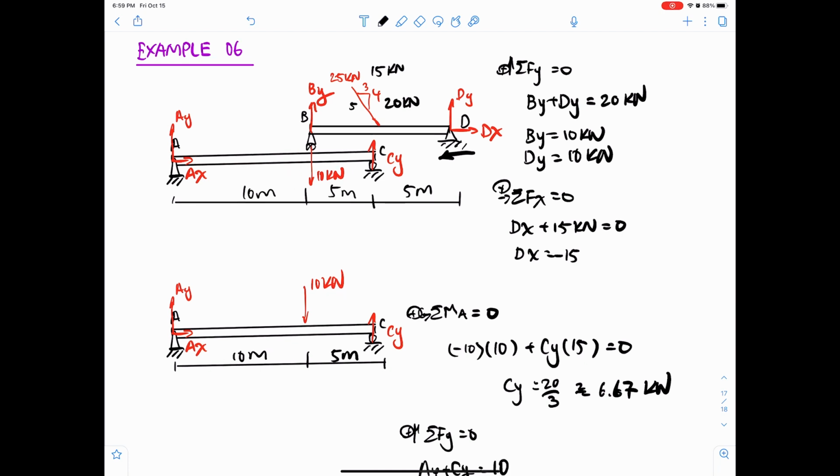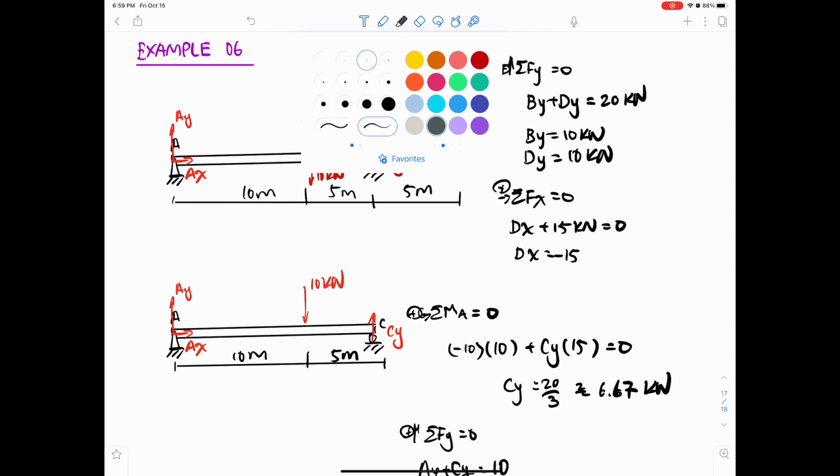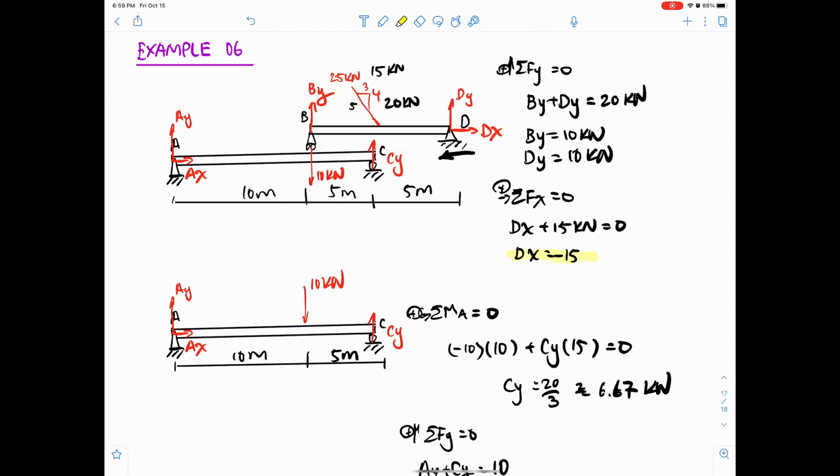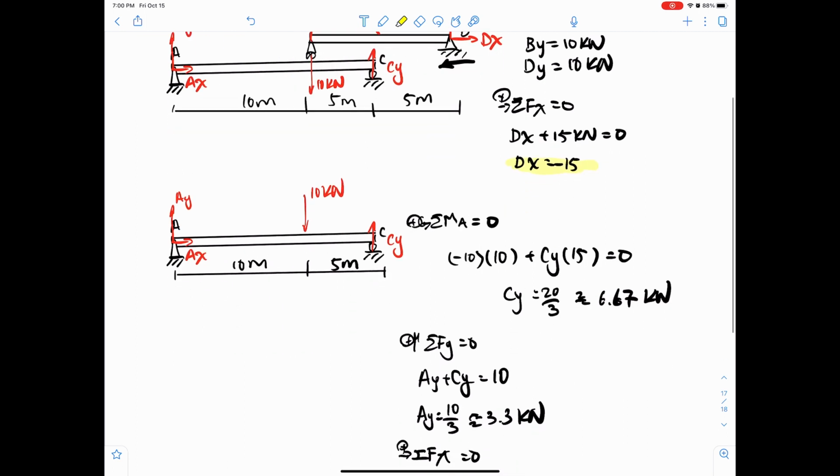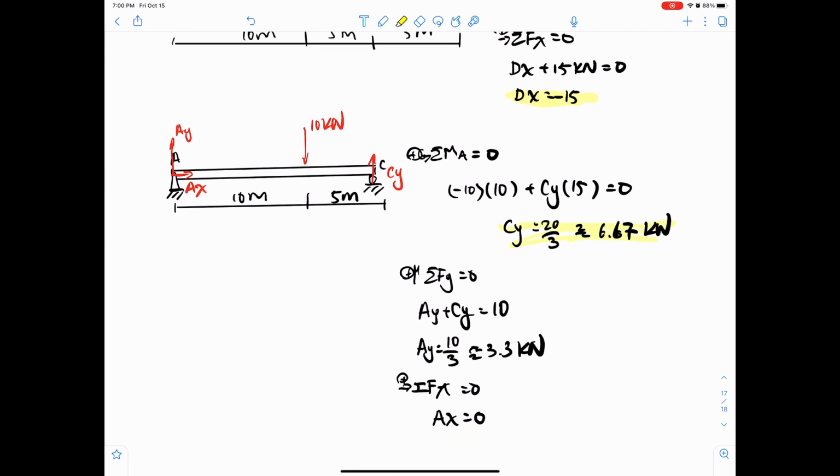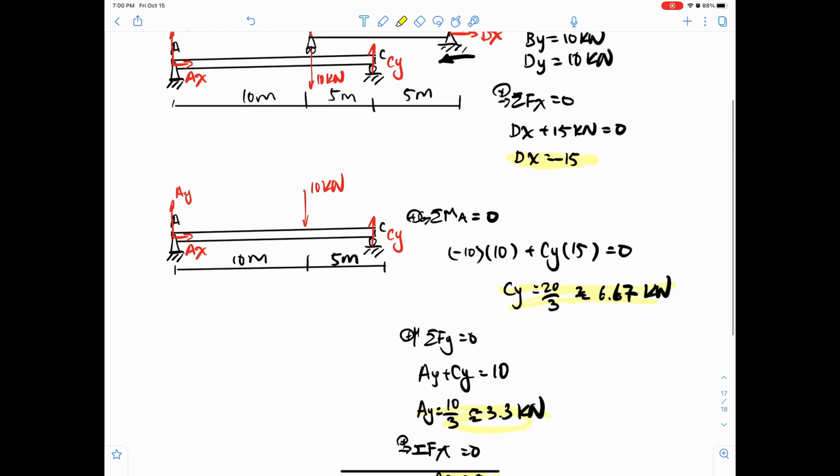We've got this Dx value going to the left because it is negative, this Cy value going upwards, and finally Ay and Ax.